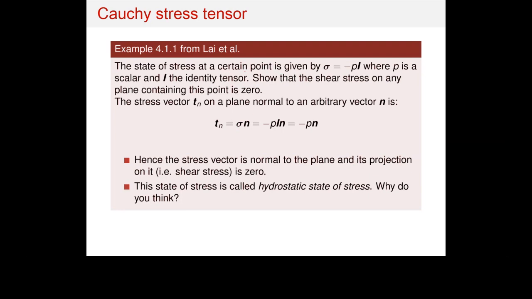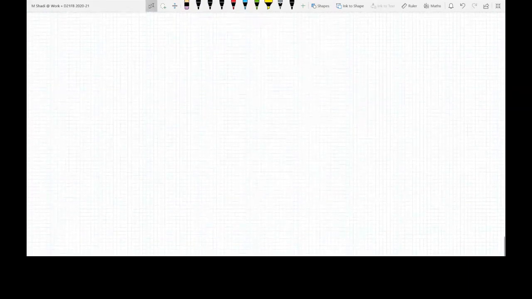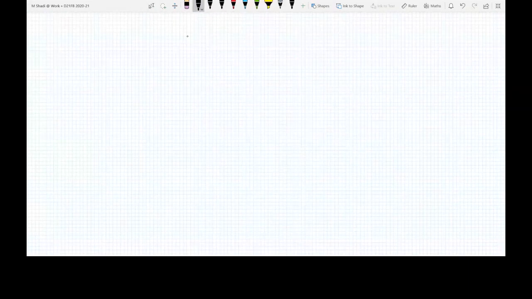The example states that the stress tensor is given by this value here, P multiplied with I. P is a scalar number, and I is the identity tensor, and sigma is the stress tensor. So I'm going to write down the stress tensor. So sigma is equal to P multiplied with the identity matrix.